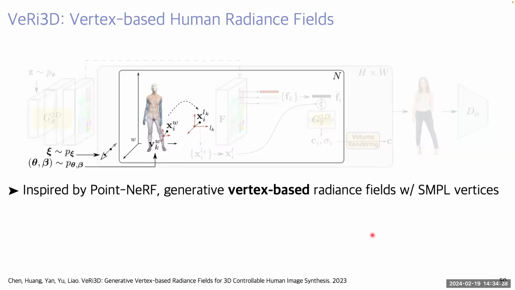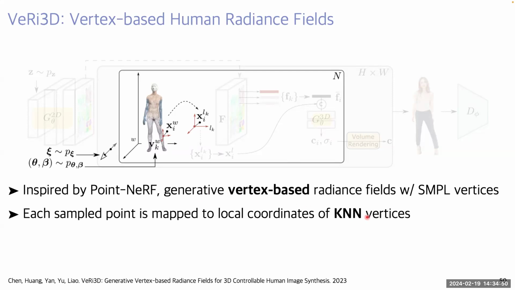The whole architecture is inspired by Point-NeRF, in that we can represent the features in 3D space based on a predefined set of points. For humans, it's quite easy, since we can directly define such points based on SMPL. Then we build a generative vertex-based radiance field using the SMPL vertices.